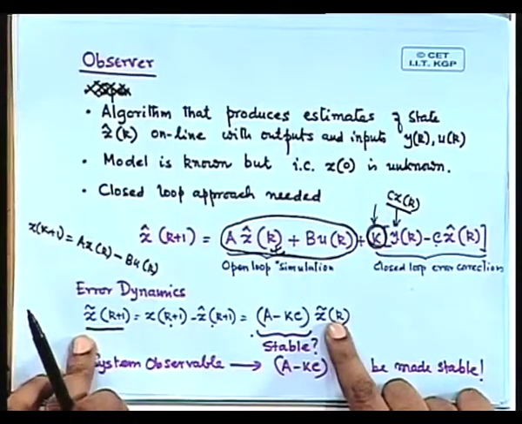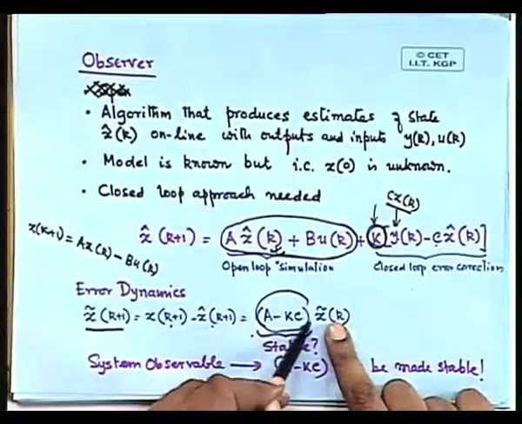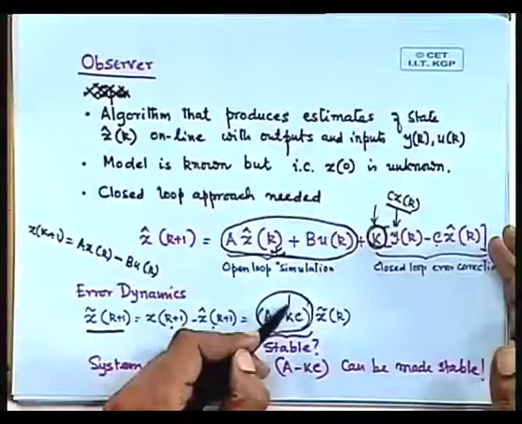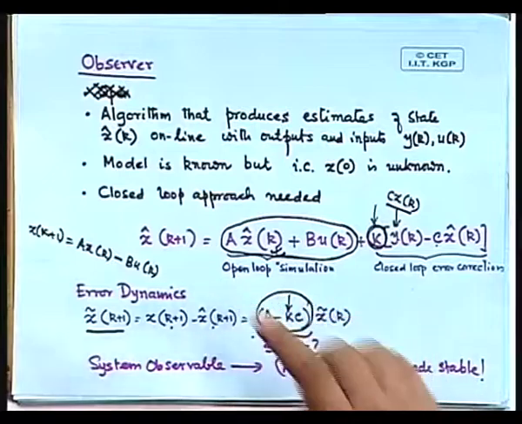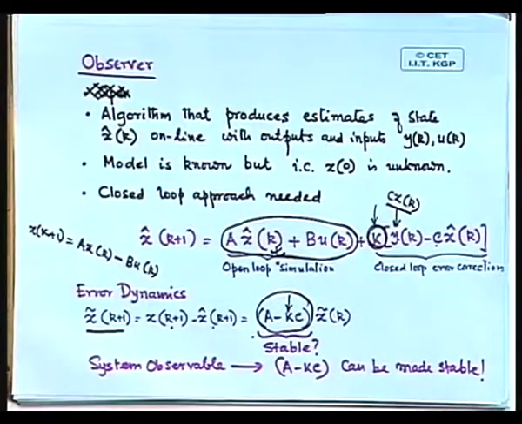Now why should this error die? This error will die if this matrix is stable, in the sense that it has eigenvalues inside the unit circle, then it will contract, correct. And so the whole problem of choosing k is to choose k such that this has eigenvalues inside the unit circle.